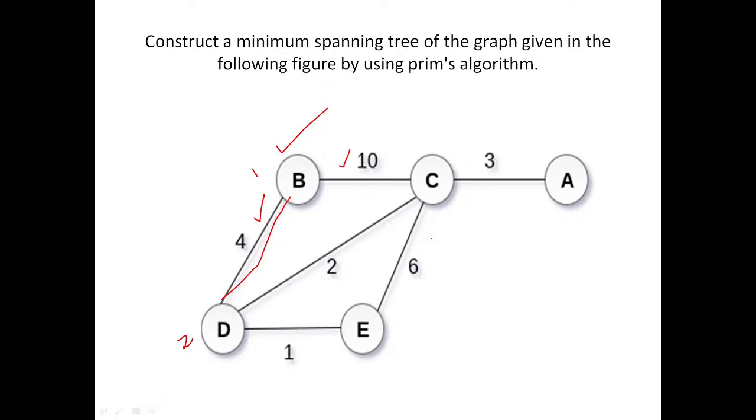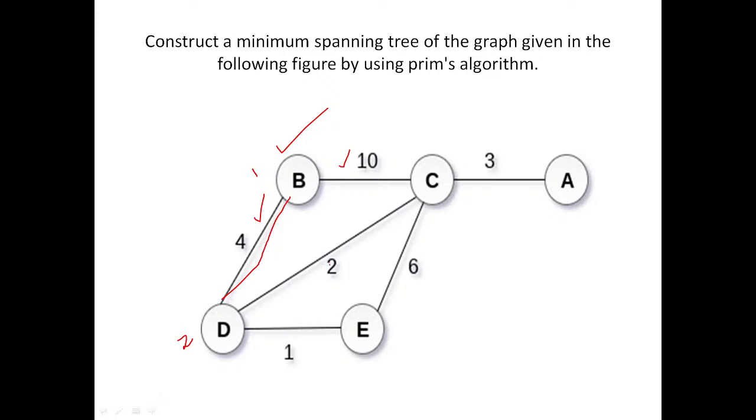One more thing I would like to tell you, we have visited BC also, but not considered it in our spanning tree, but we'll consider it later. How? I'll tell you. Just keep patience.